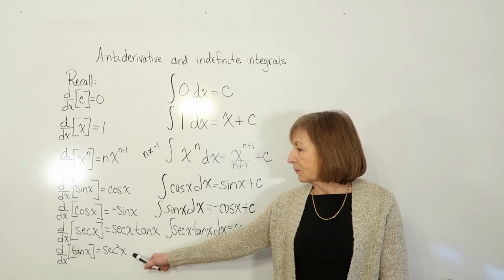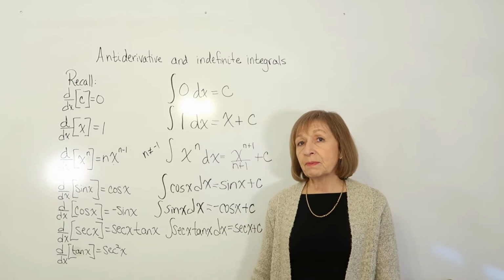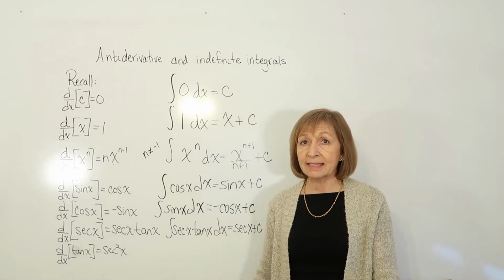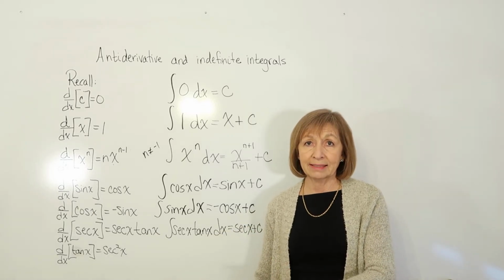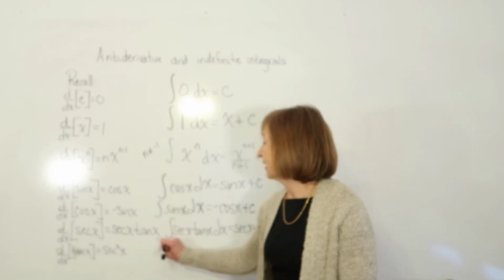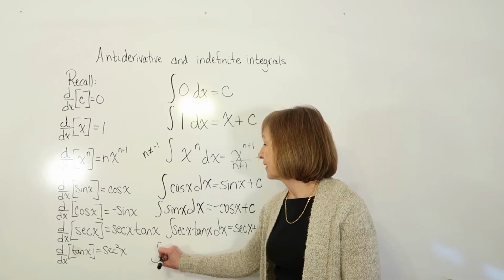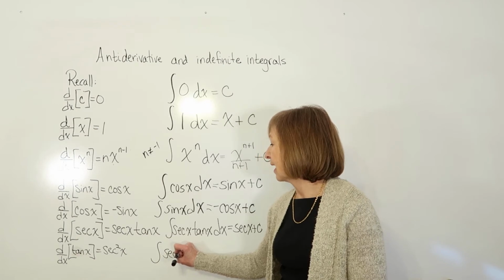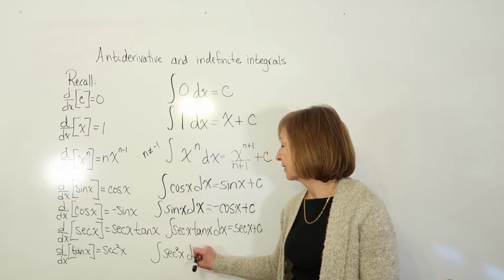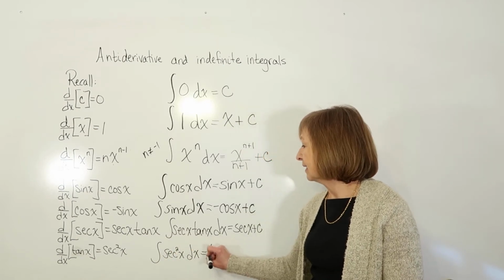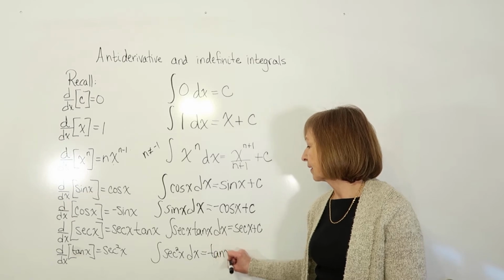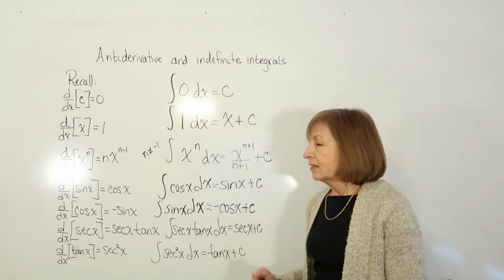And then our last one here, the derivative with respect to x of tangent x is secant squared x. So if I'm finding the integral of secant squared x dx, then I would get tangent x plus c.